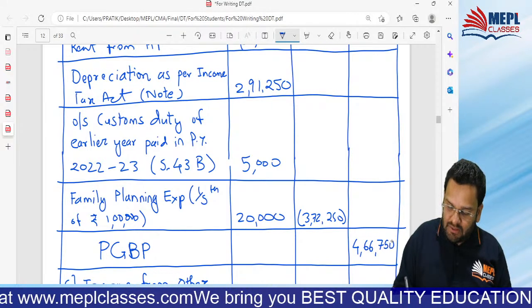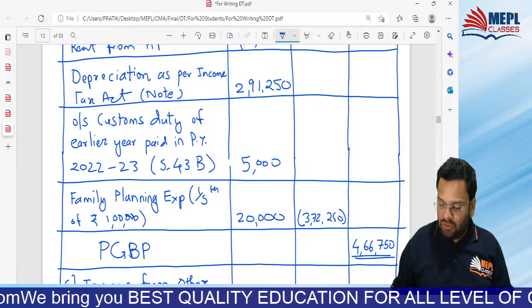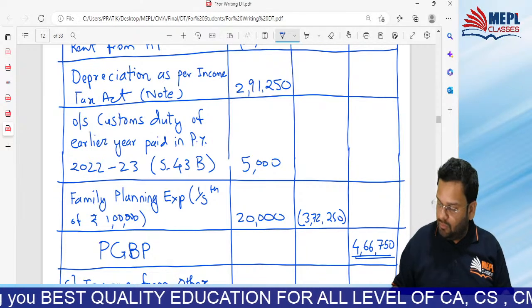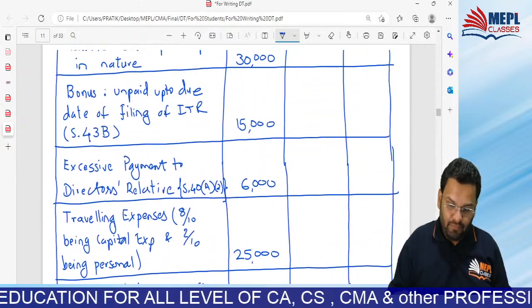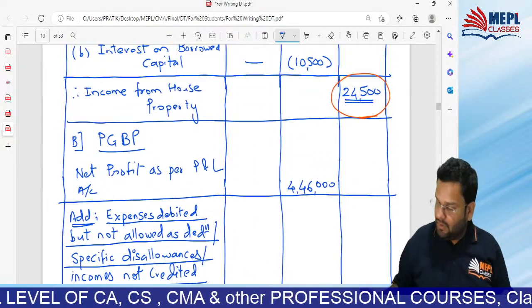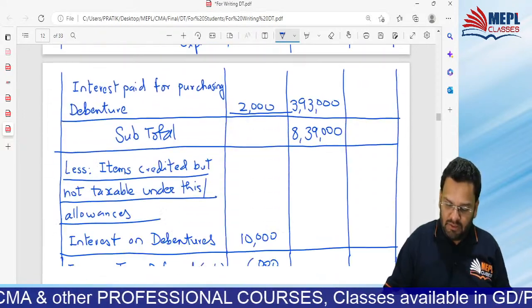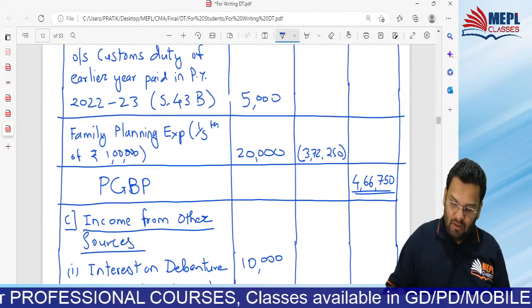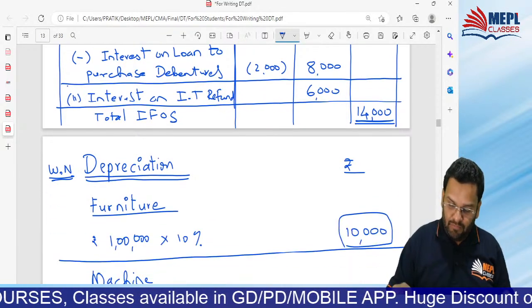Now you are all set to get gross total income. Your gross total income will be, check your HP was 24,500. So 24,500 plus 466,750 plus 14,000.